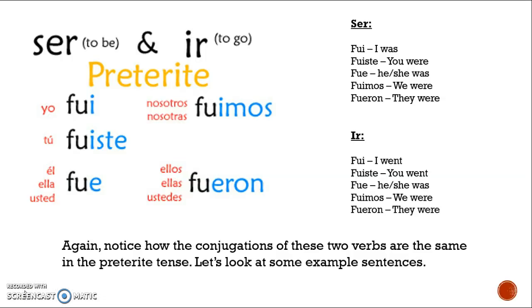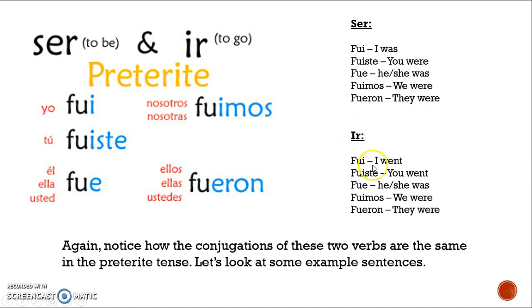Okay? So ser means to be, just as a reminder, ir to go, and this is how you conjugate both of them in the preterite tense. Fui, fuiste, fue, fuimos, fueron. And here they are on the side. For ser, fui would mean I was, fuiste, you were, fue, he or she was, fuimos, we were, fueron, they were.